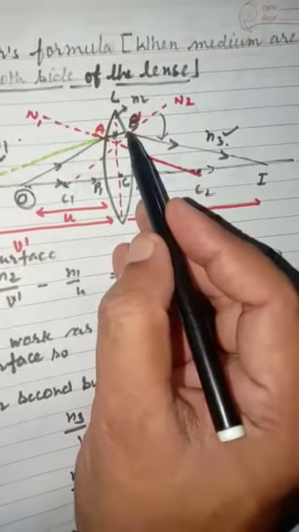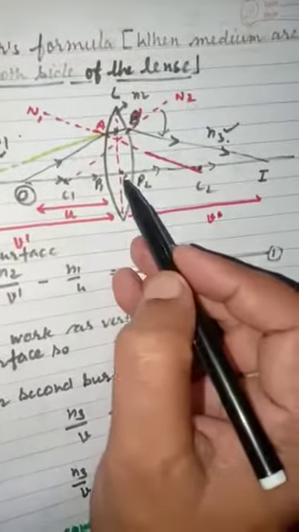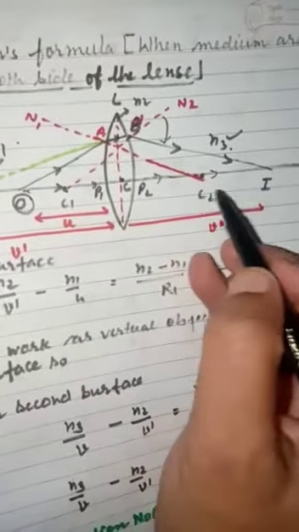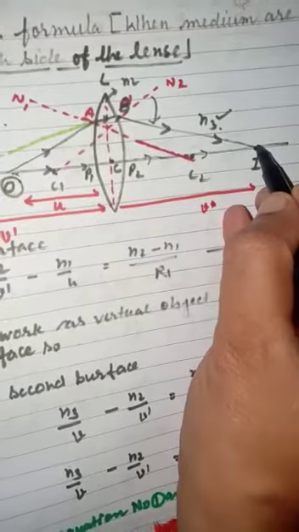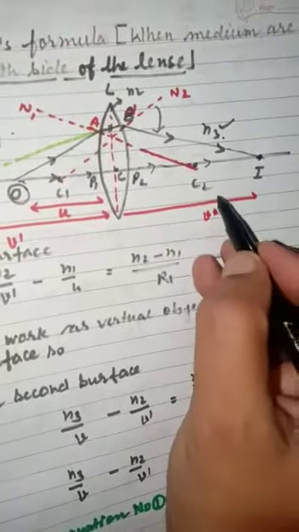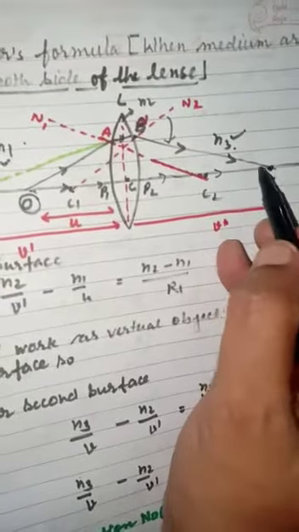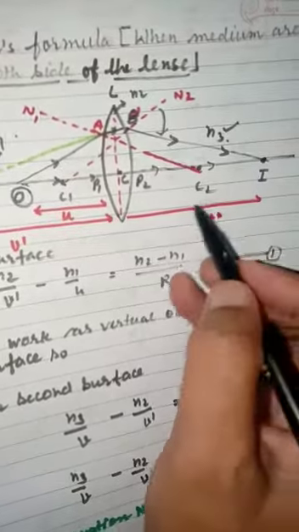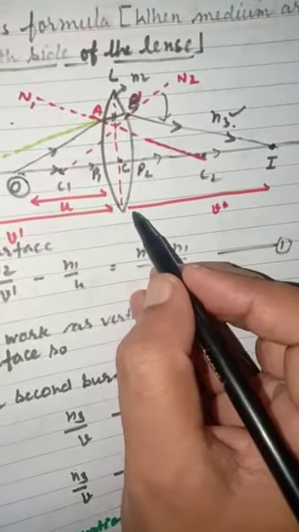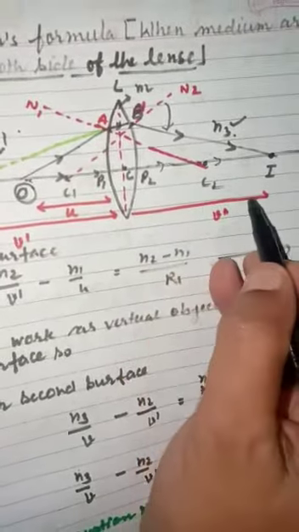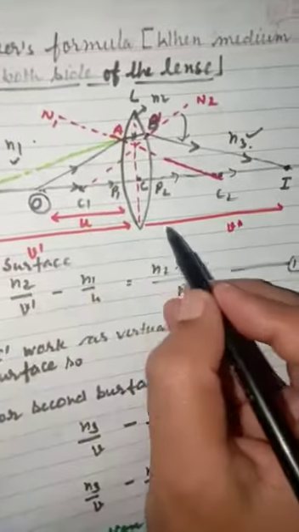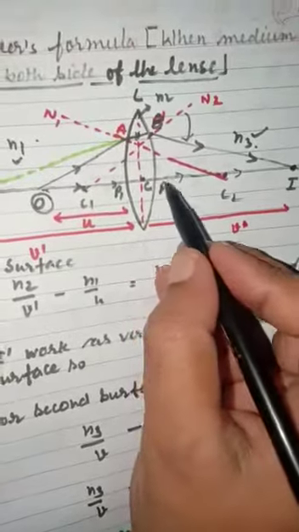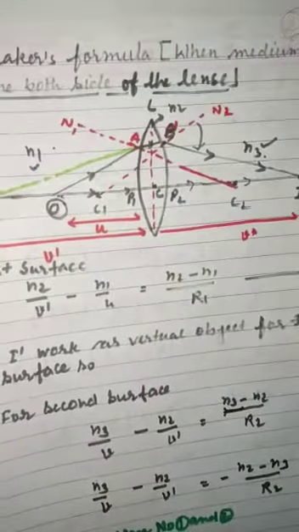Refracted rays BI and CI meet together at a point I, where the image is formed at V meter distance from the surface P2.